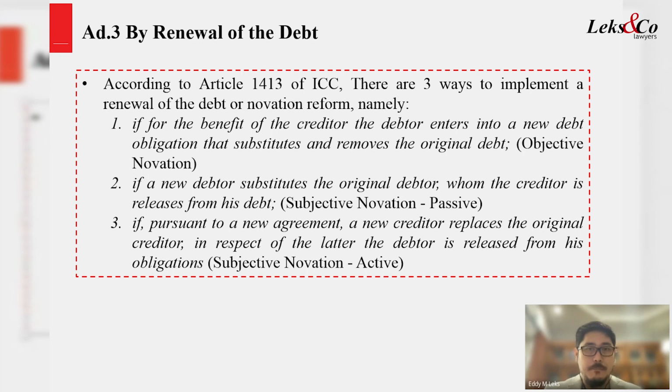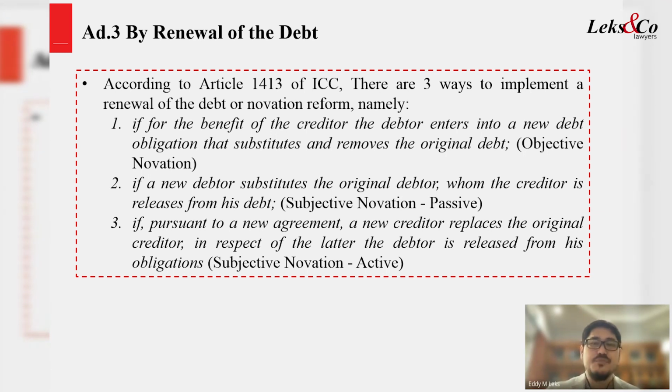Okay, just a quick run through on this. For the first point, you can read the example from the book of Hukum Perjanjian, but the example is like this. If you buy things, you have a sell and purchase agreement, right? But then you say to the seller, I cannot pay the money very fast, because I need some time. So can I change it to a loan agreement with interest, for example? So I change the sell and purchase agreement to a loan agreement plus interest.